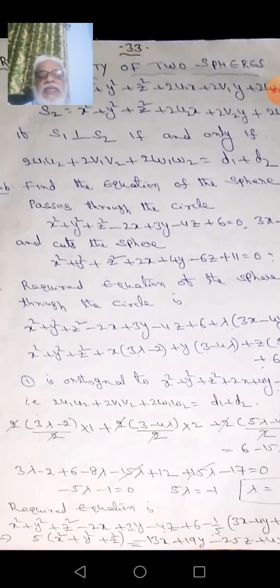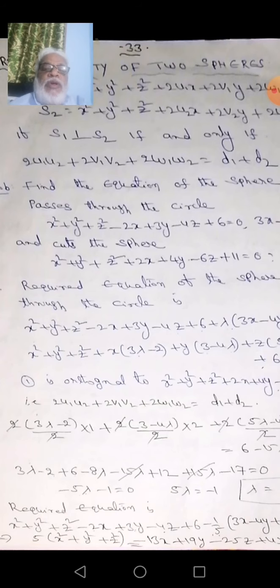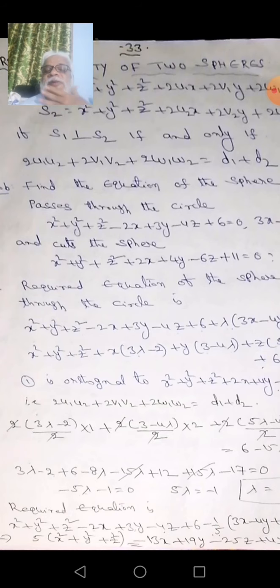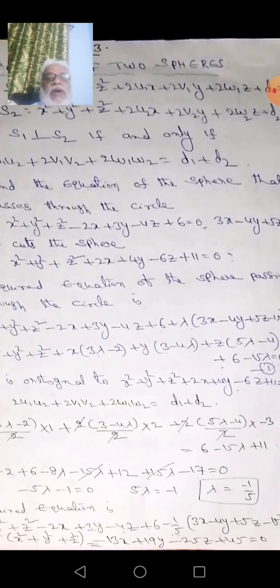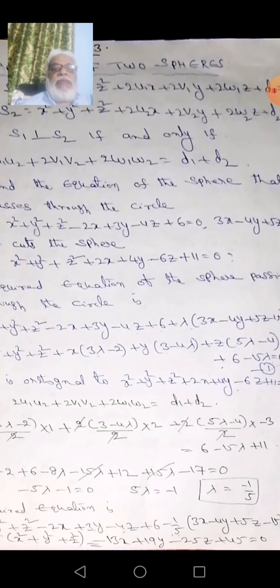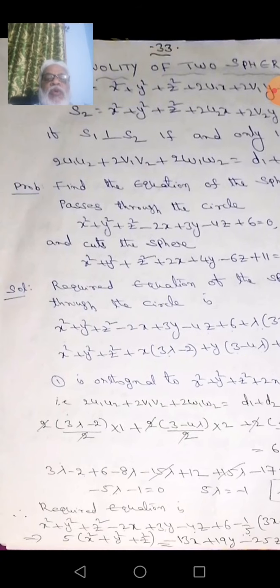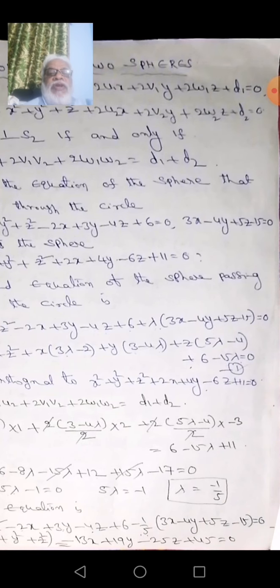In this condition we substitute the values. That is 2 of (3 lambda minus 2)/2 into 1 plus 2 of (3 minus 4 lambda)/2 into 2 plus 2 of (5 lambda minus 4)/2 into minus 3. That is 2u1u2 plus 2v1v2 plus 2w1w2 is equal to d1 plus d2.